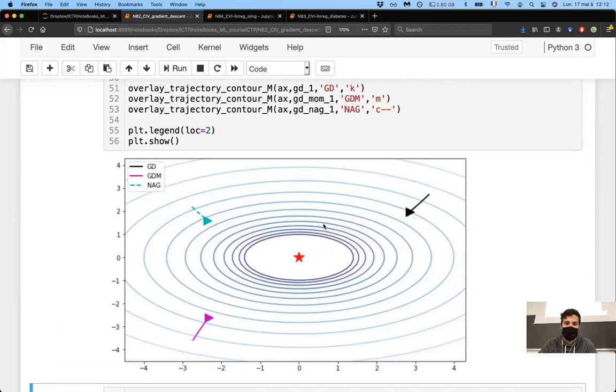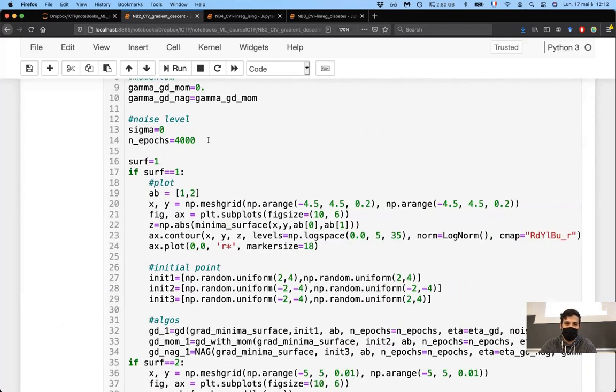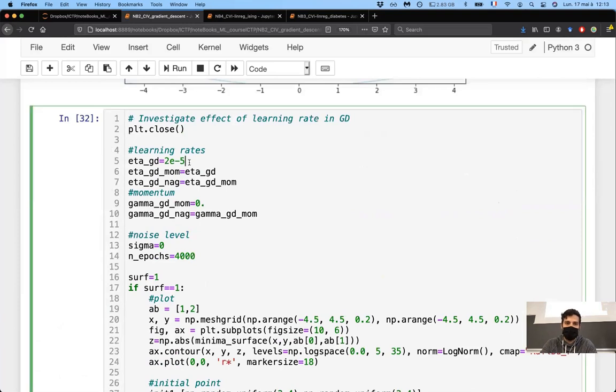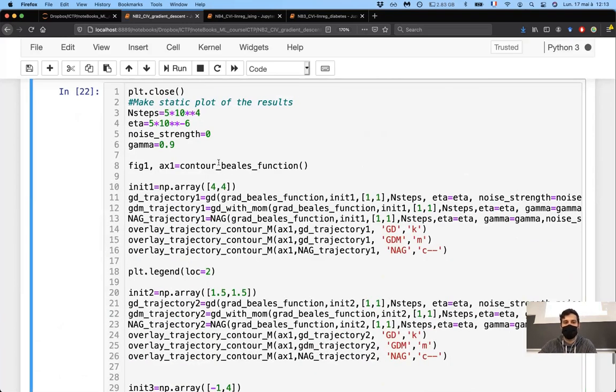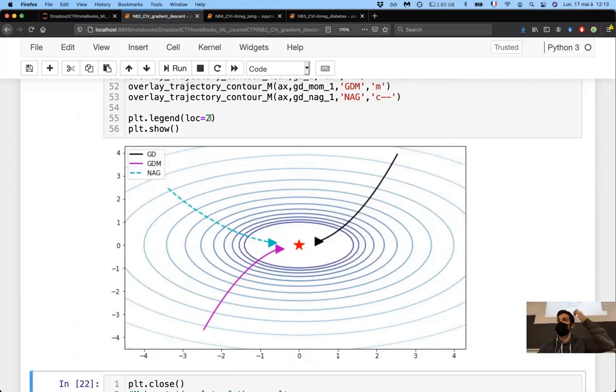Let's increase the learning rate, because you see the learning rate was small and it was very slow. After 4,000 steps, we were far from the minimum. So here I increase the learning step. All these dynamics are plain gradient descent.